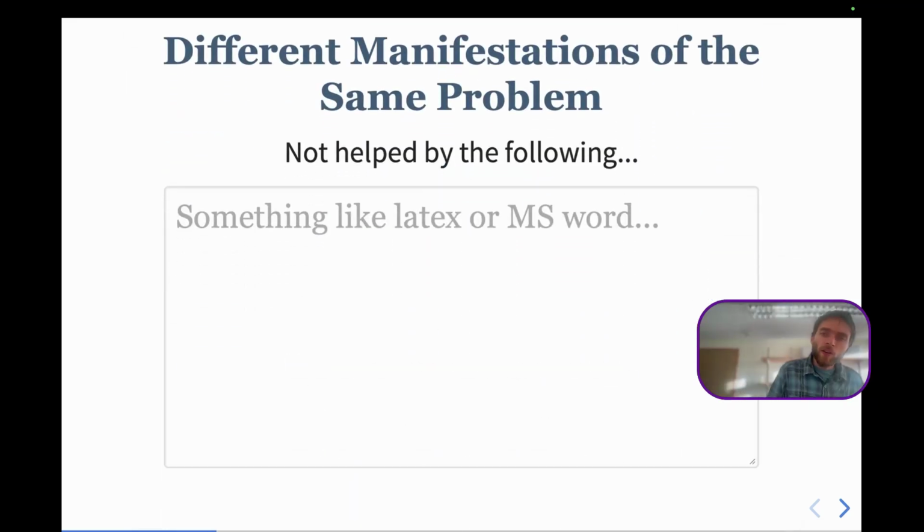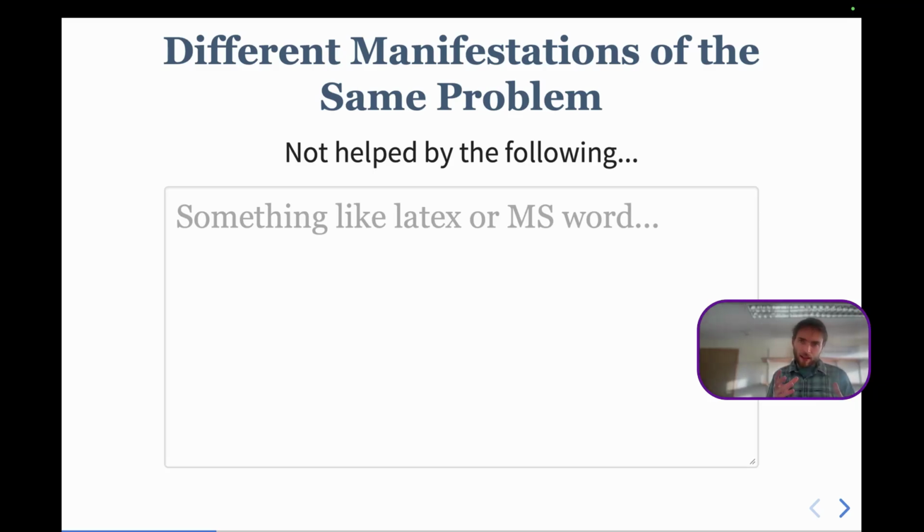So why am I telling you these two stories? I'm telling you these two stories because they're different manifestations of the same problem. What does that mean? Well, if you think of LaTeX or Microsoft Word or even pen and paper, LaTeX being the sort of software most academics use to write papers, as computer programming languages, you can think of these typos, these more conceptual mistakes, as errors or bugs in that programming language.